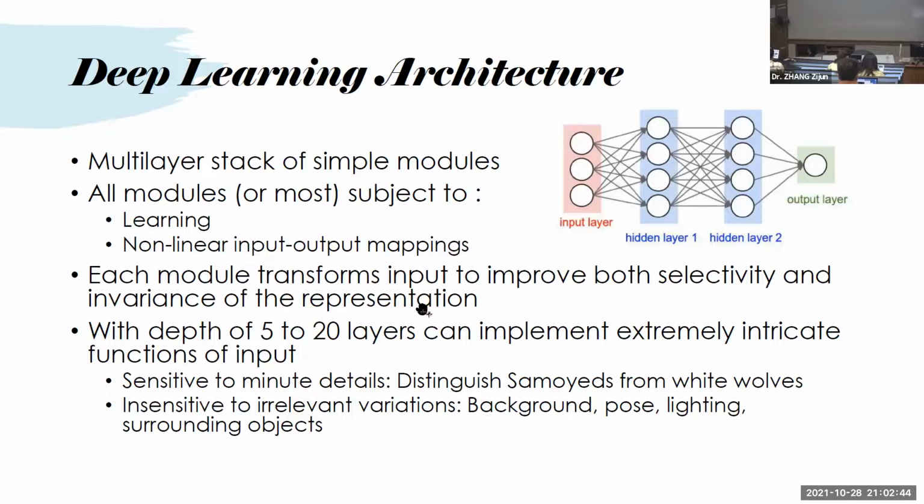Each module transforms its input to improve both selectivity and invariance of the representation. We want it to be selective, and invariant to some irrelevant parts. With a depth of 5 to 20 layers, it can implement extremely intricate functions of the input. That means very sophisticated functions of the input.